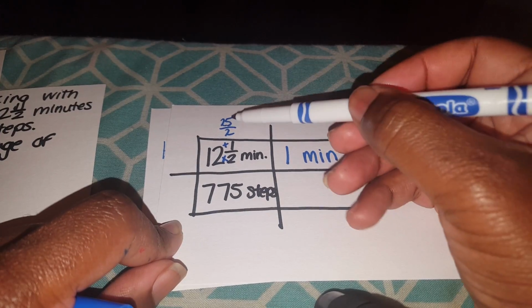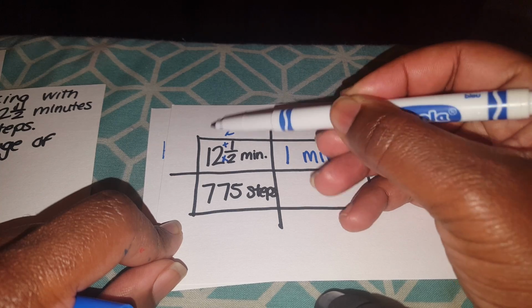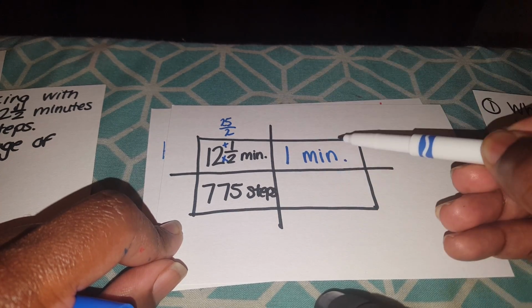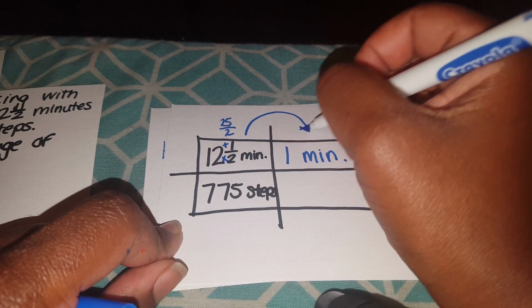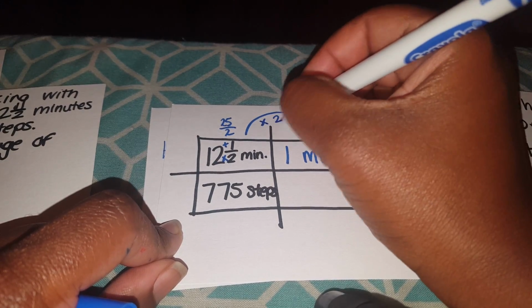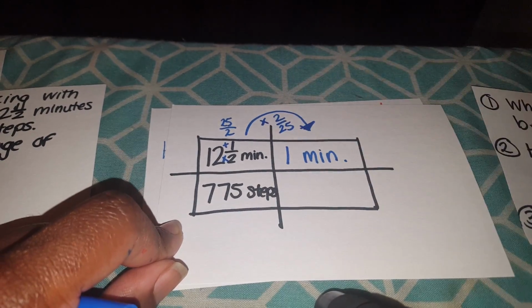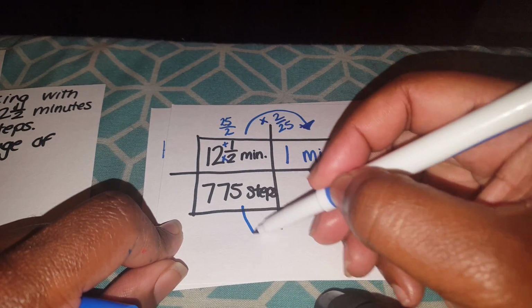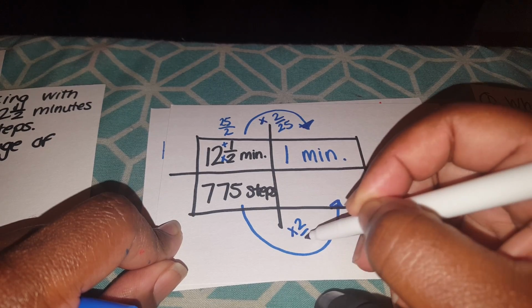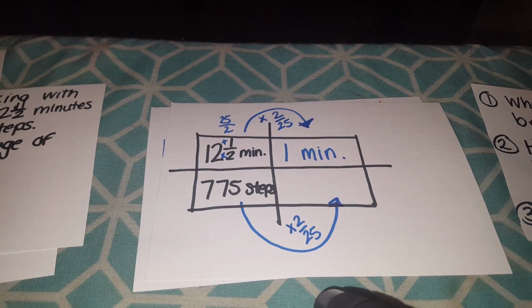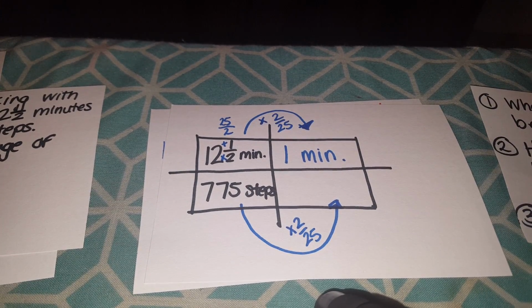So that means I need to figure out what can I multiply by 25 over 2 to get to 1. Use that multiplicative inverse. And let's do times 2 over 25.